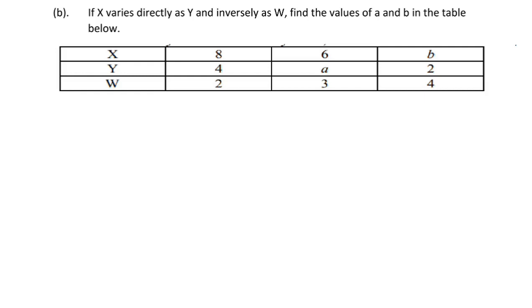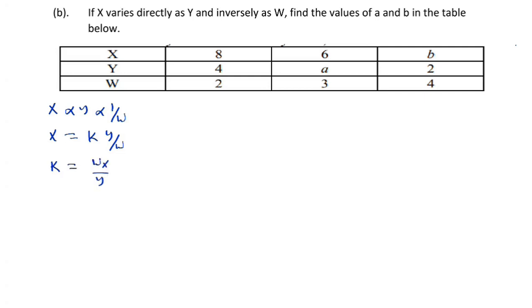Let us write this symbolically: x is directly proportional to y and inversely proportional to w. Next let us introduce proportionality constant k. We have x equals k times y over w. Next let us make k the subject: k equals wx over y.